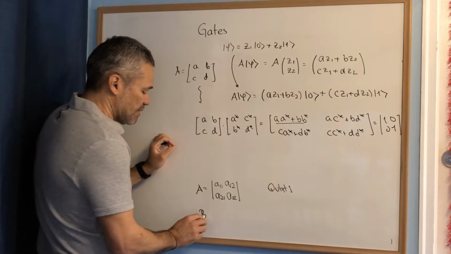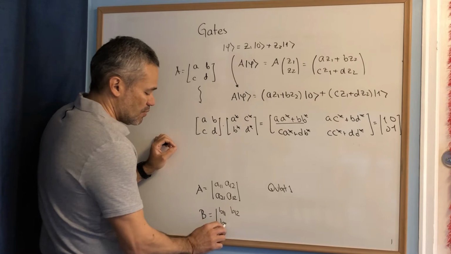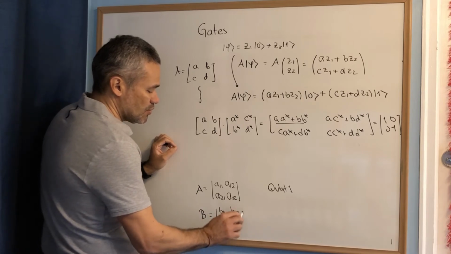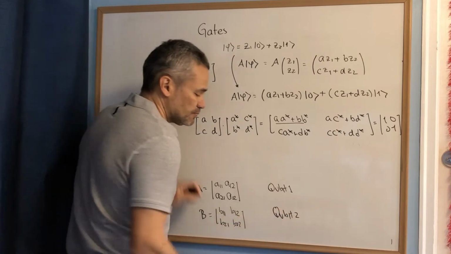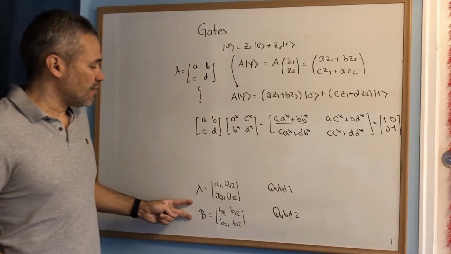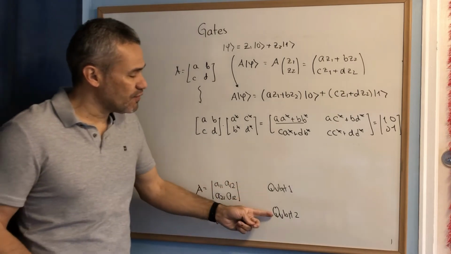And we have a matrix B, same thing, B11, B12, B21, B22, and this matrix is acting on qubit 2.